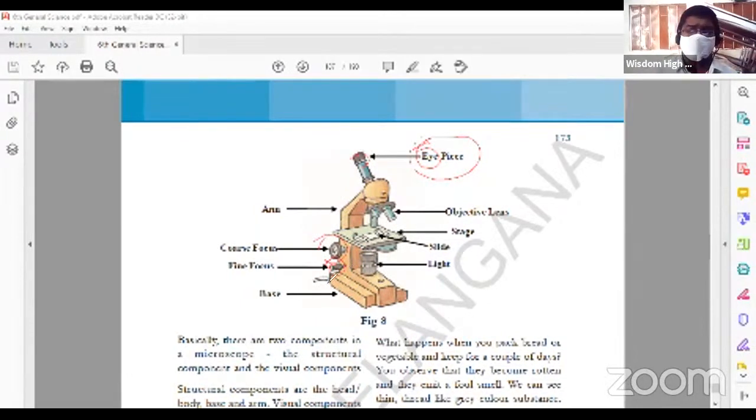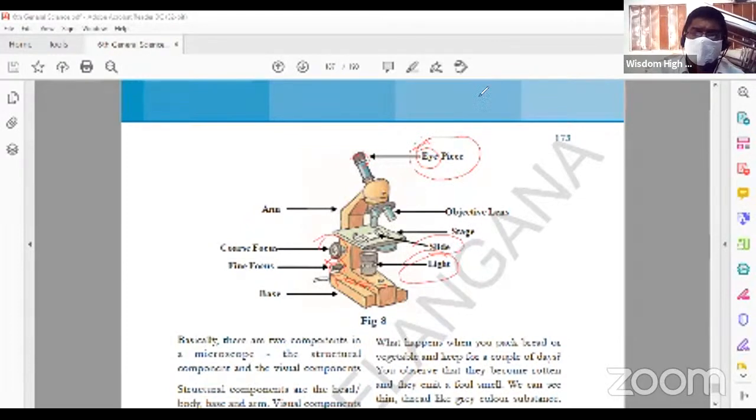The base should be present. Light, focus light should be present, for observing the internal structure of the leaf, the body. Next, the slide should be present. Slide, stage, objective lens.